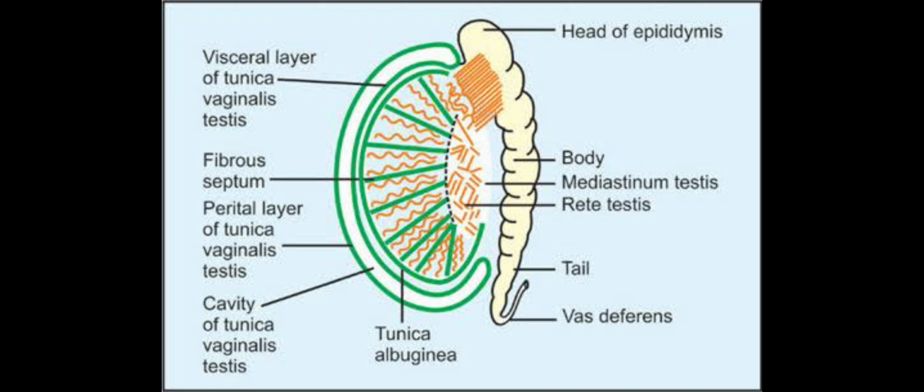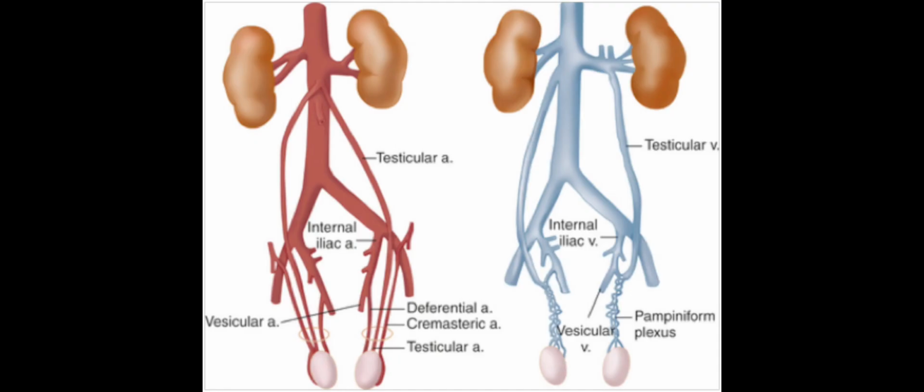Now coming to the blood supply of the testes. The blood supply comes from three main sources. First is the testicular artery, also known as the internal spermatic artery, and this is the main blood supply to the testes. It arises directly from the aorta, both right and left sides.